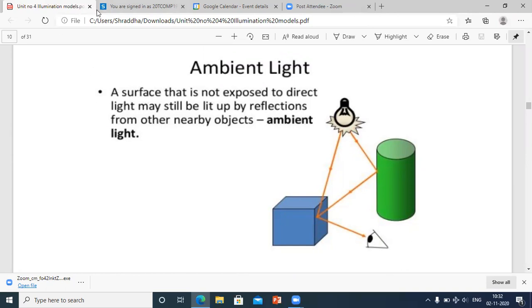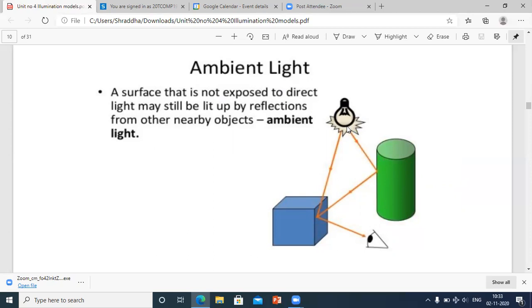Now in this diagram, there is a bulb shown over here. When I switch on the bulb, it will fall the light on this box. Similarly, the light will fall on this cylindrical object, and this is your eye, the viewer point, or the observer that you are watching. This light will hit this object, and it will reflect back.